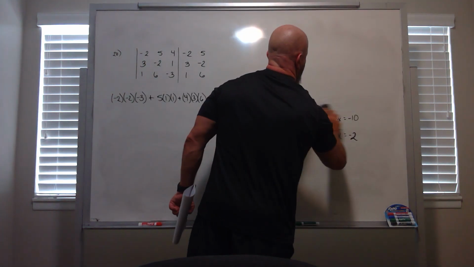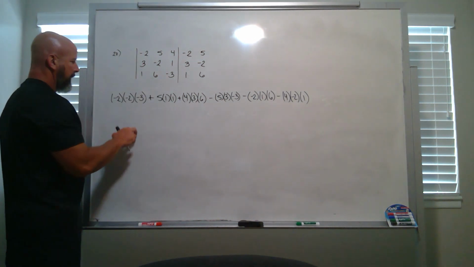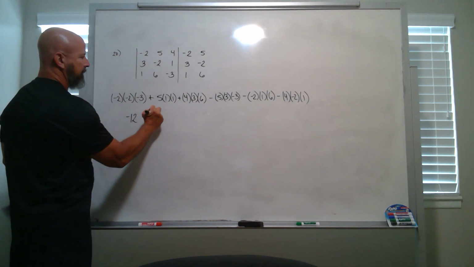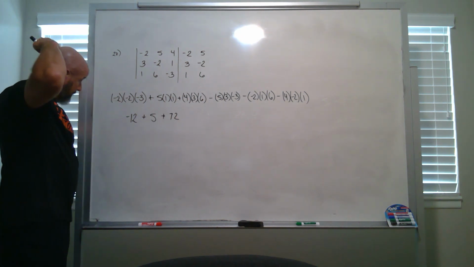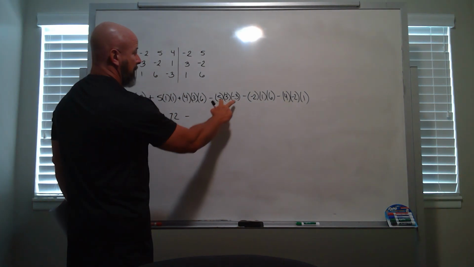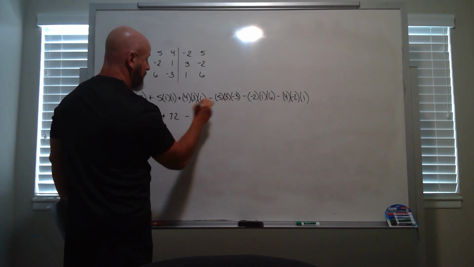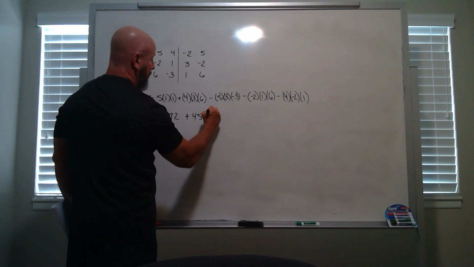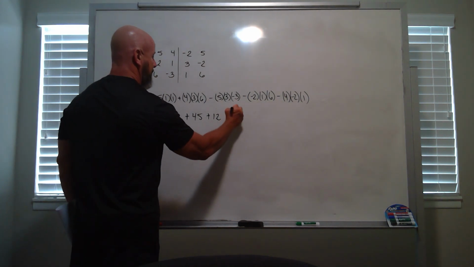And the rest of the way is just getting all of the different calculations. So let's see, that would be -12 plus 5 plus, looks like 72, minus, and this would be actually -45, so it'll be minus a -45, which becomes plus 45, minus a -12, which becomes plus 12, minus a -8, which becomes plus 8.